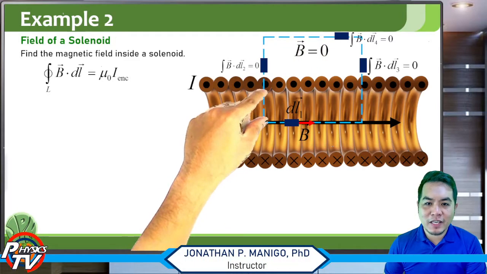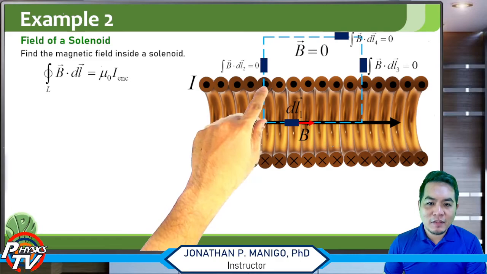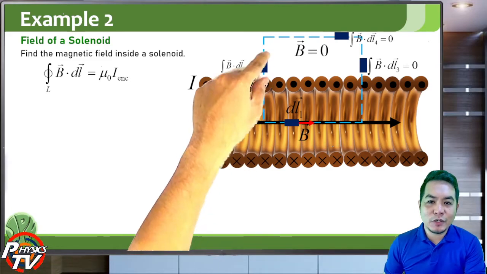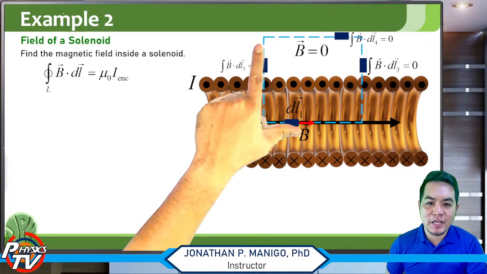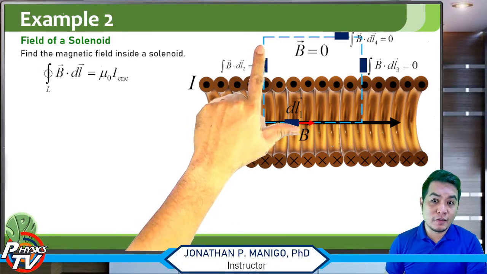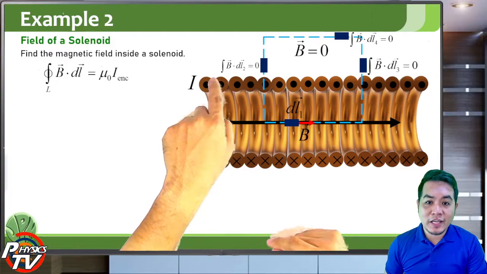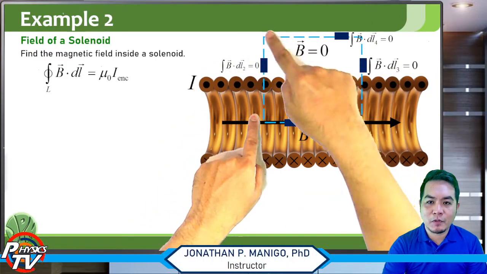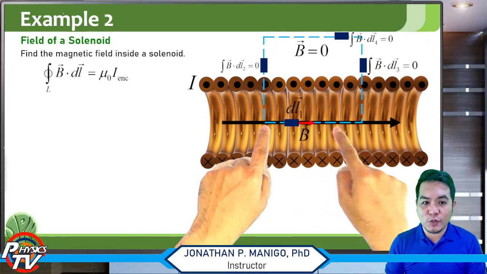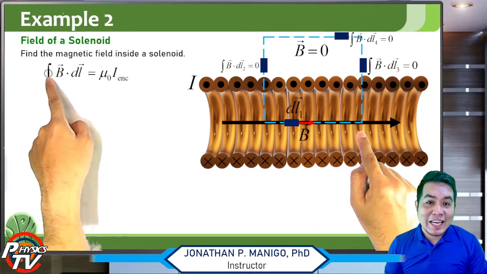Here, even though there's a magnetic field inside, the magnetic field and your dl are perpendicular, and cosine of 90 degrees is 0. So the integral of B dot dl for this side is 0. The same with here and the same with here. So there's only one contribution to this closed line integral.